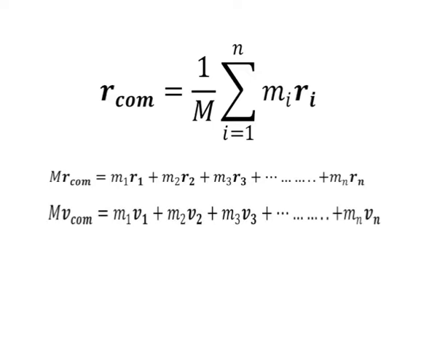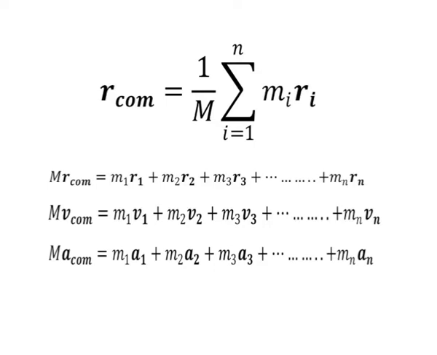Differentiating the equation with respect to time gives m v com is equal to m1 v1 plus m2 v2 plus m3 v3 and so on up to mn vn. Here v i is the velocity of the ith particle and v com is the velocity of the center of mass.